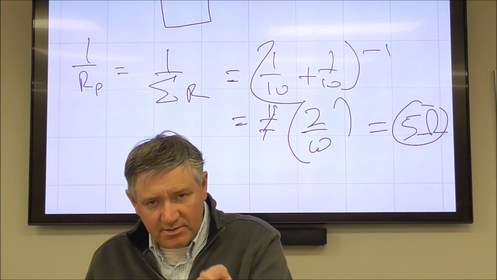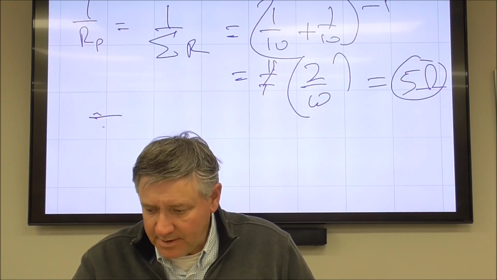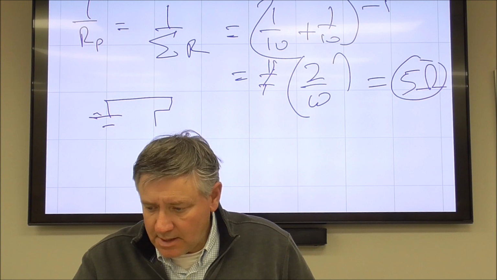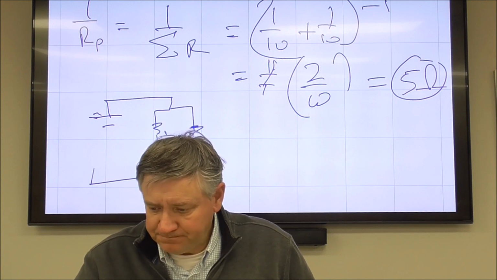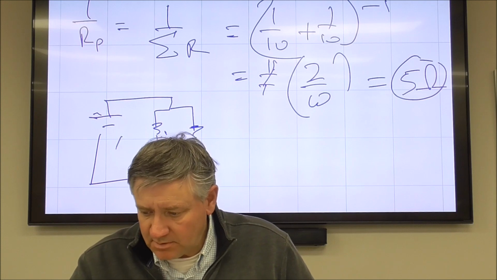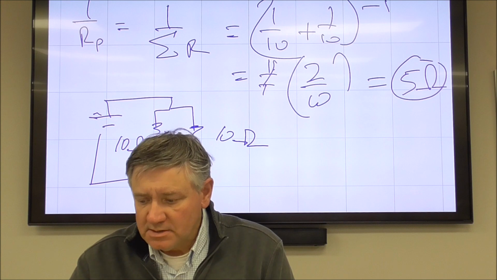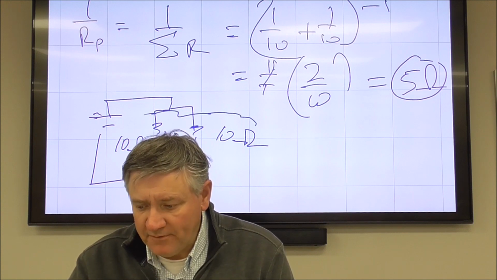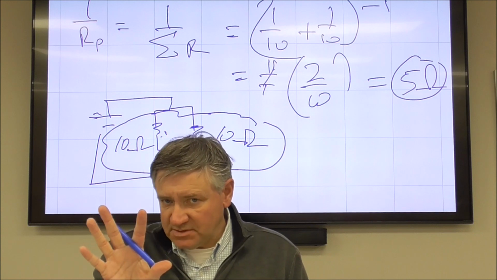So when I take that battery and put a 10 ohm and a 10 ohm, that's the equivalent of having one 5 ohm resistor.